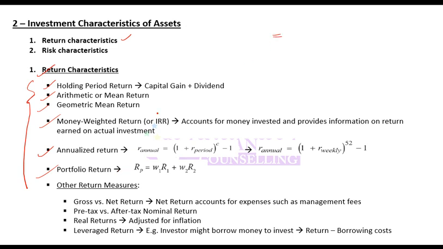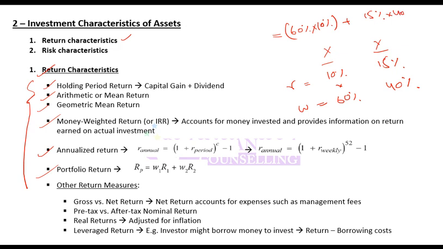Portfolio return is also simple. For example, if you have a two stock portfolio, X and Y, X made a return of 10% and Y made a return of 15%. Let's say X has a weight of 60% in the portfolio and Y has a weight of 40%. The portfolio return would be the weighted average return, which is 60% times 10% plus 40% times 15%.